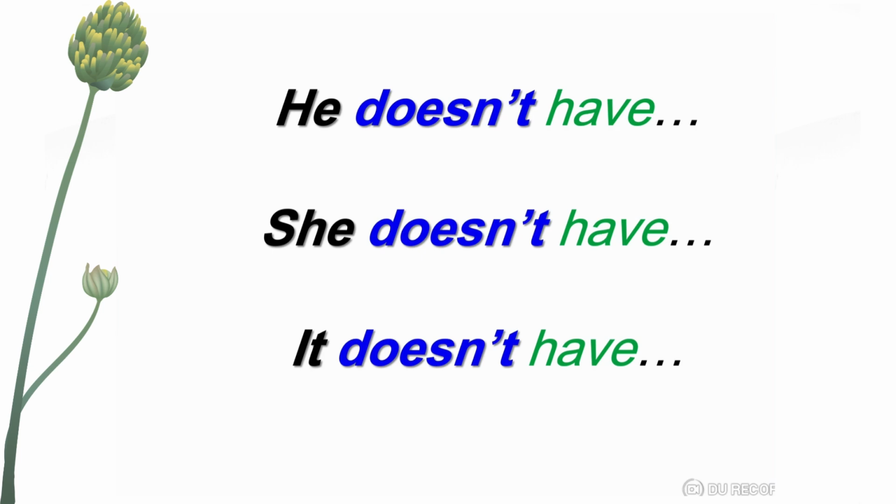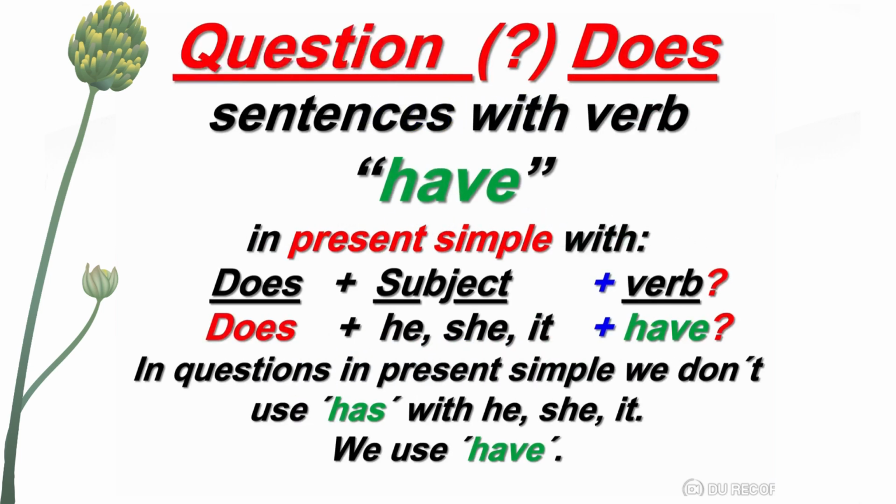Let's continue with the question. When we ask the question, we use does. In sentences with the verb have in present simple, we say does, the subject he, she, it, and the verb have. We don't have has in the question, we have just have. We are speaking about the present simple, not other tenses.